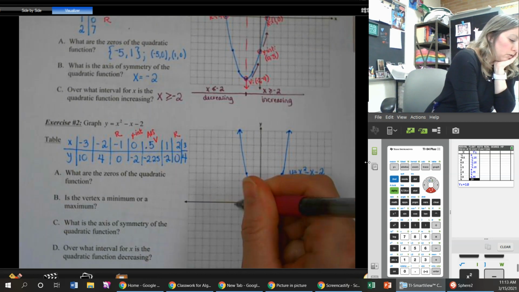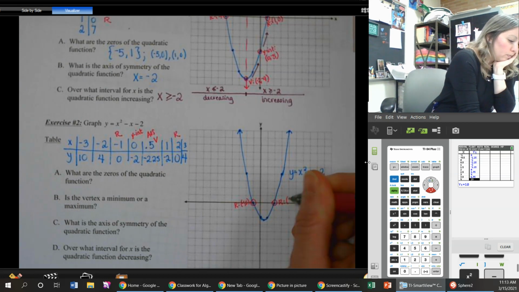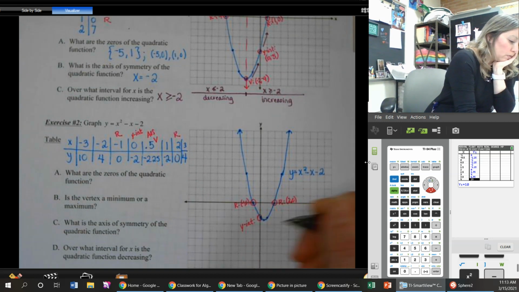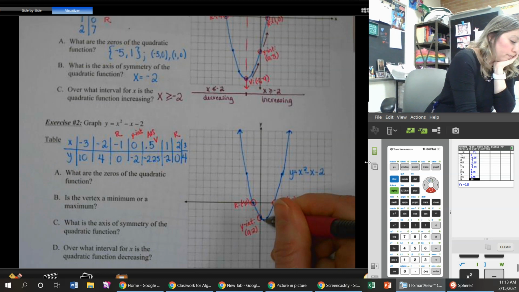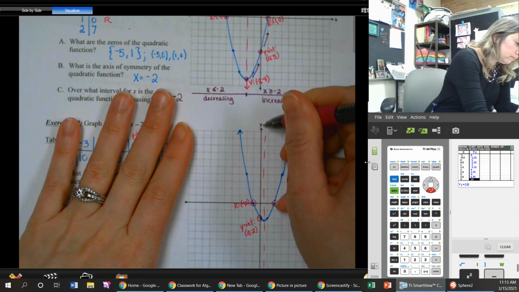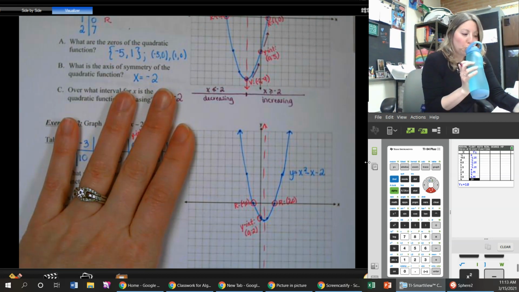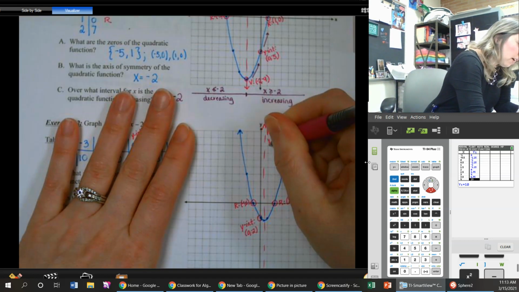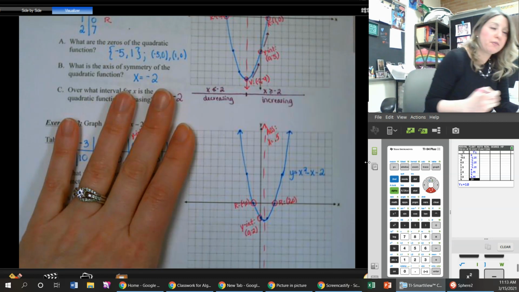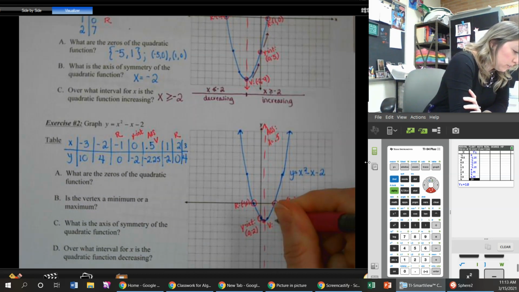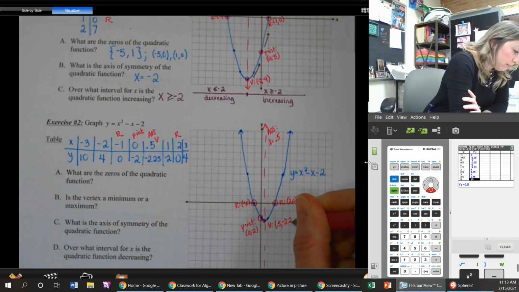Root, negative 1, 0, root, 2, 0, y-intercept, 0, negative 2, axis of, excuse me, axis of symmetry, x equals 0.5 or 1/2, and vertex right on here is 0.5 comma negative 2.25.